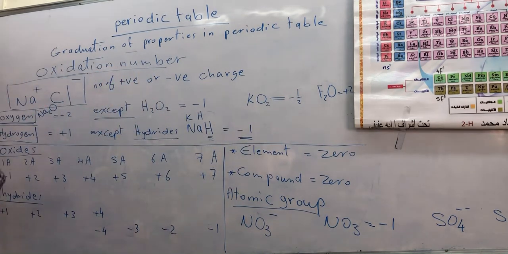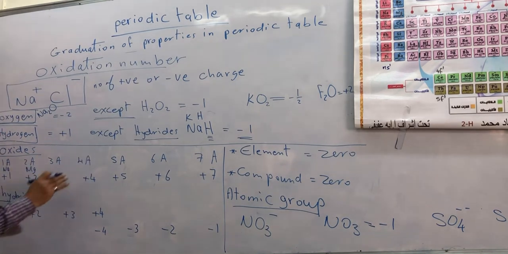We can calculate the oxidation number for the rest of the elements in two forms. In oxides, since oxygen has high electronegativity, it takes a negative value, and all elements agree with the number of the group. Group 1A, such as sodium or potassium, is +1, magnesium +2, aluminium +3.